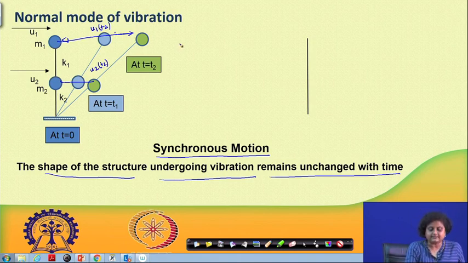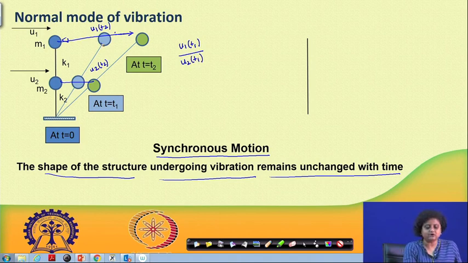We can say that the ratio of the 2 displacements, that is u1 by u2 at t1, which is the ratio of the degrees of freedom u1 and u2 at t equals t1, is equal to the ratio of the degrees of freedom at the next time instance t2, and so on.